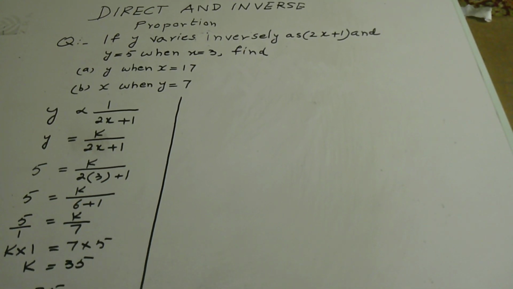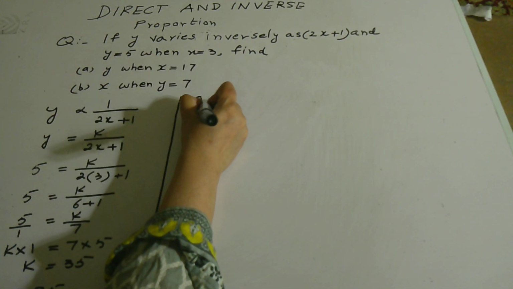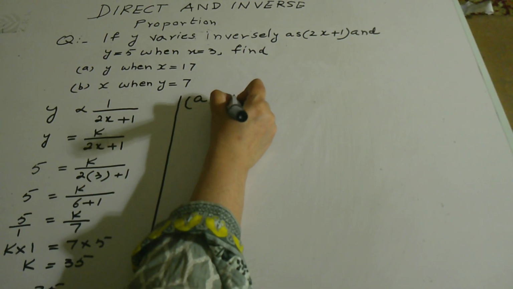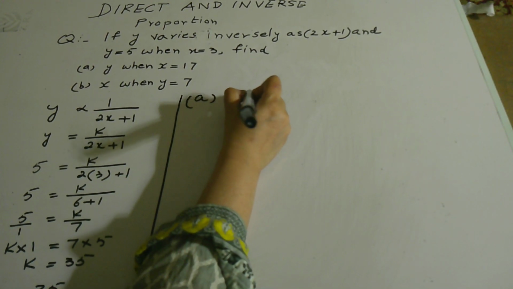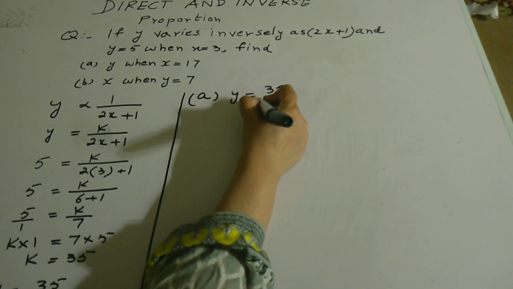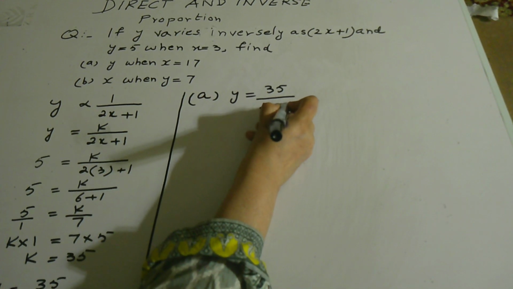First of all I will find the value of y. y is equal to 35 over 2x plus 1.